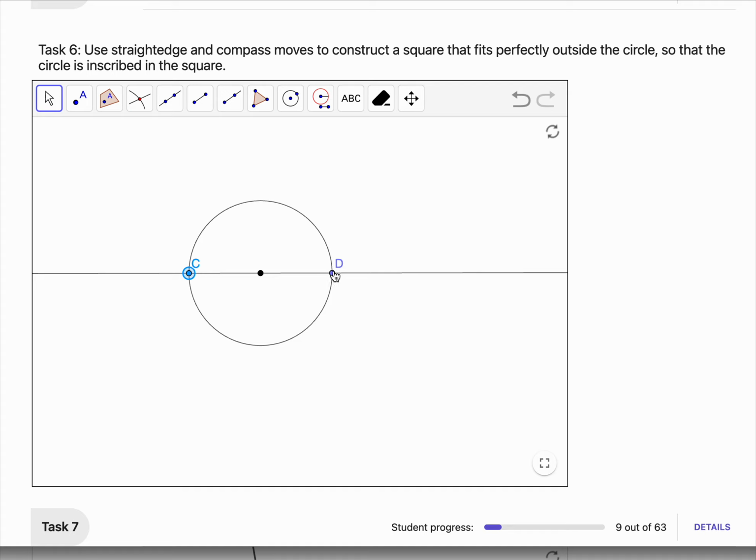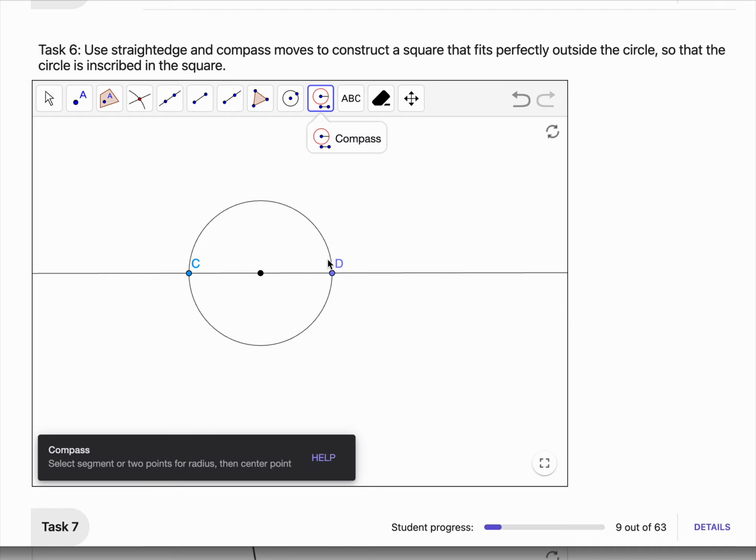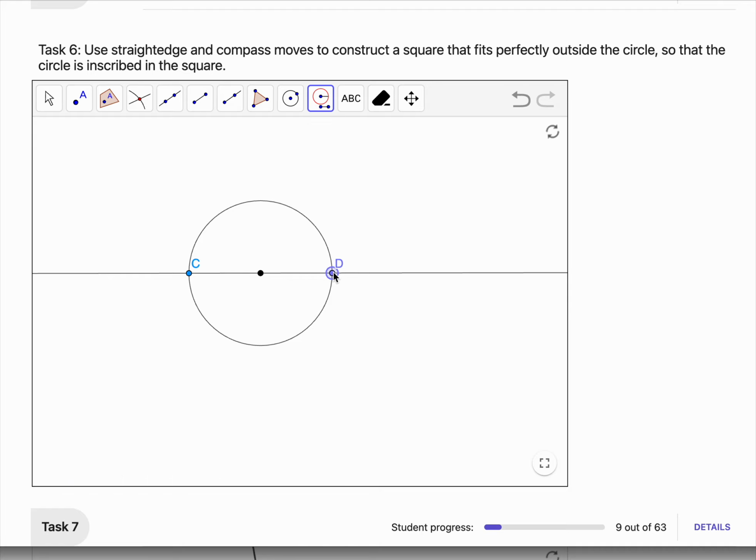So basically, I'm going to create a circle with the same radius. I'm going to put it on D, which means that this circle from top to bottom is the same distance as from C to D, which is the length of the side of the square.